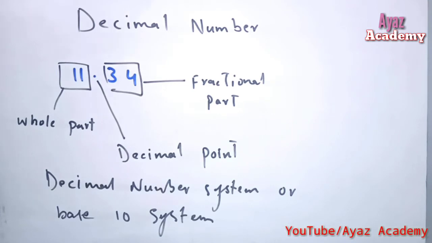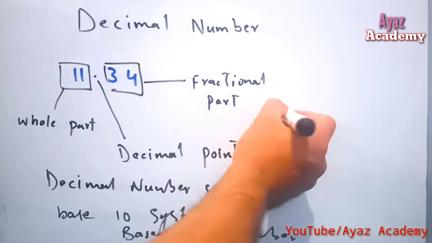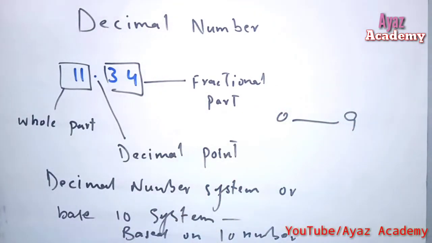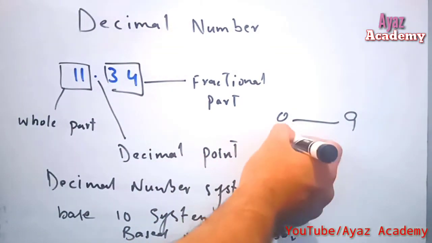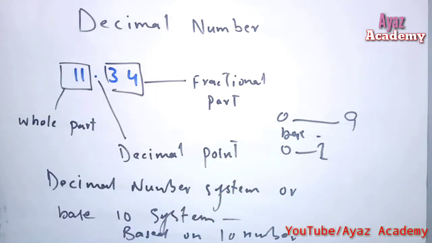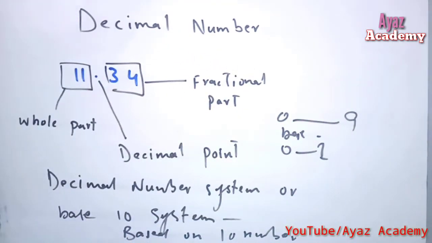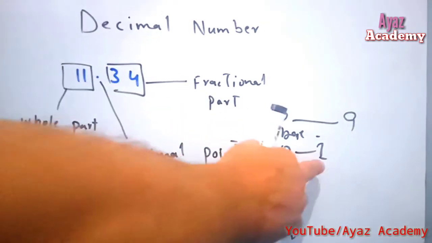This system is based on 10 numbers, which are from 0 to 9. And another system is called the binary system, which is based on 2 numbers, and these are 0 and 1. So the decimal number system is based on 10 numbers from 0 to 9, and the binary system is based on two numbers, which are 0 and 1.